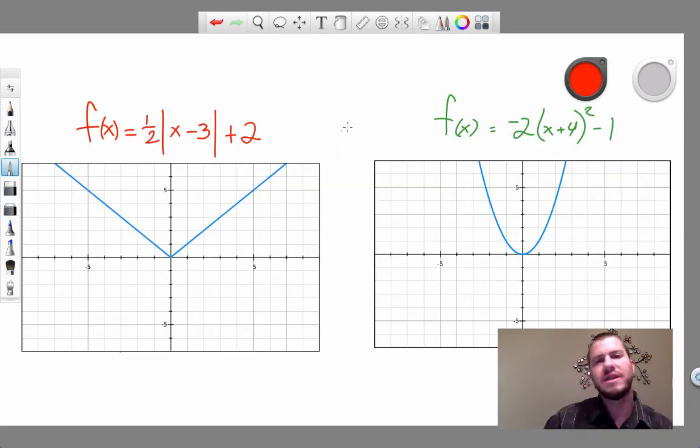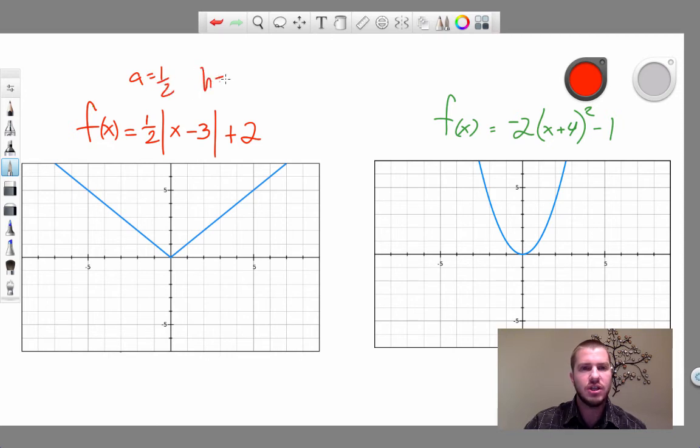Okay, so we're going to do 2 examples with several different transformations happening at once. So in this one, my a is 1/2, my h is 3, and my k is 2. Remember, the h is the opposite sign. That's why I wrote positive 3, which means it's going to shift in the positive direction 3 because you have to use the opposite sign.